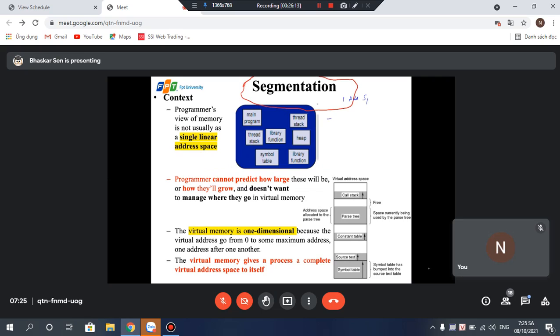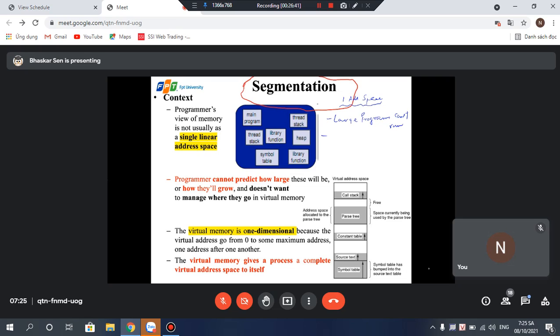Because of one address space, large programs can't run, simply because they didn't get their address space.